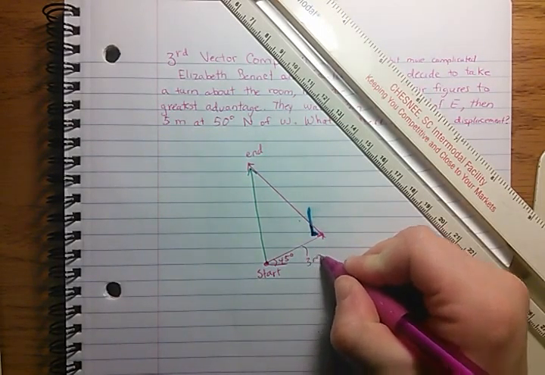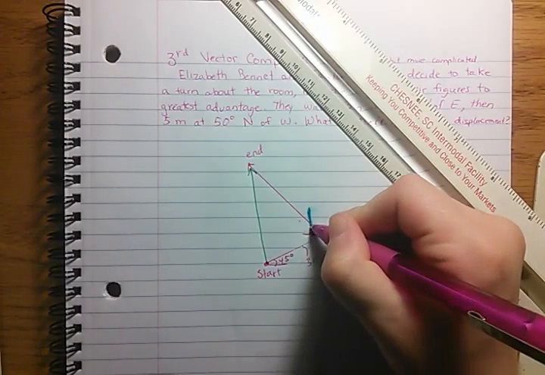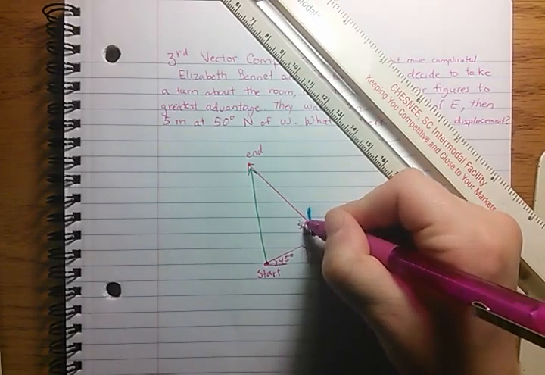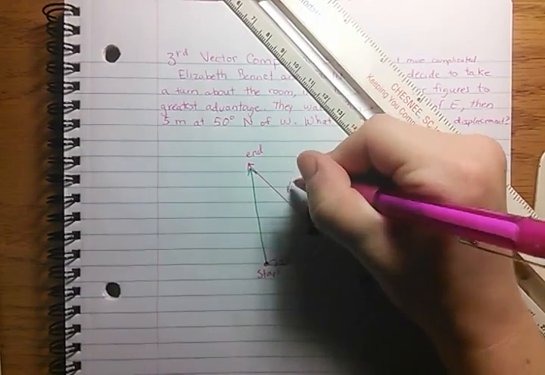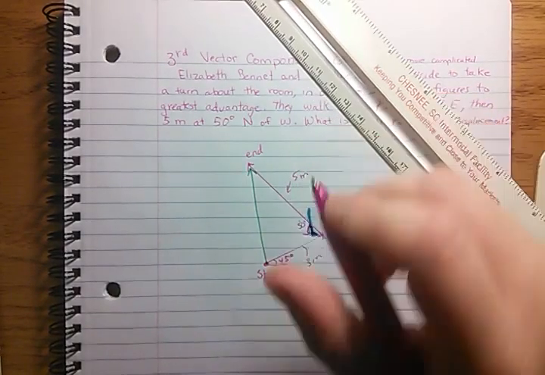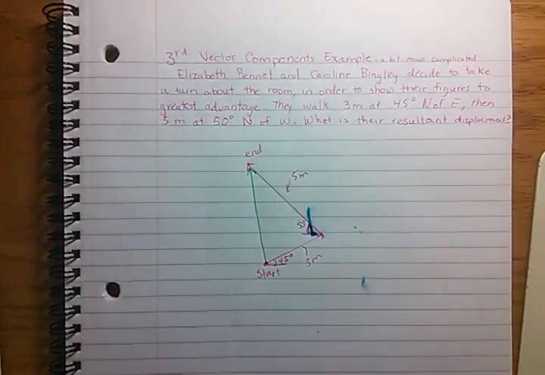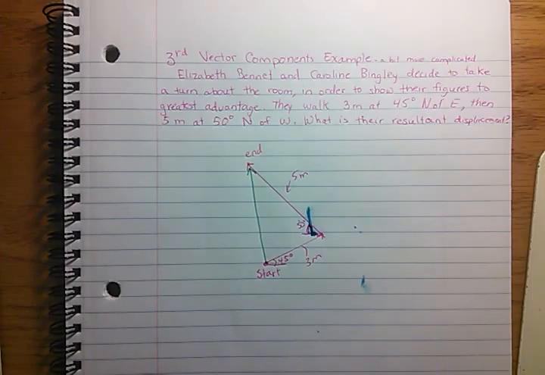So this is 3 meters. This angle is going to be 50 degrees. And that's going to be 5 meters. All right, we want to break this up into components. We want to find out how far Miss Bennet and Miss Bingley went in the x direction and how far they went in the y direction.